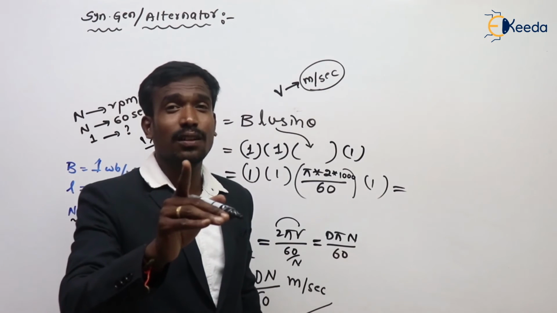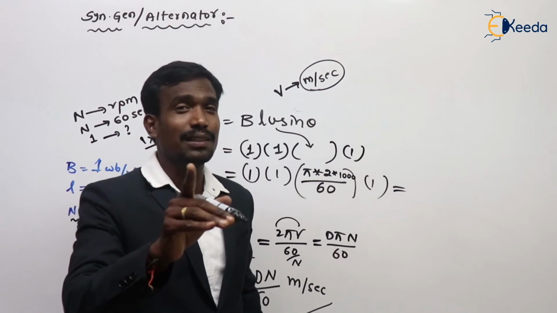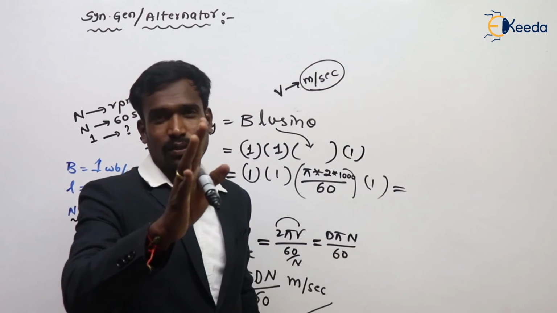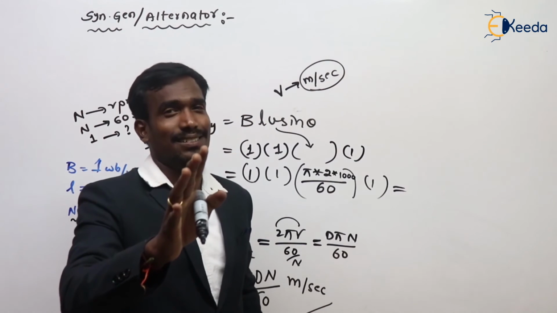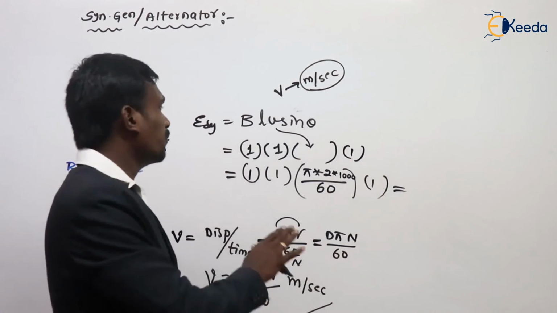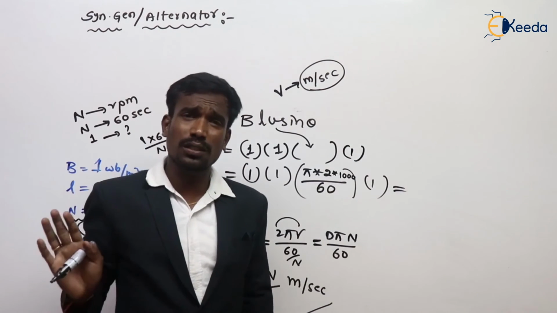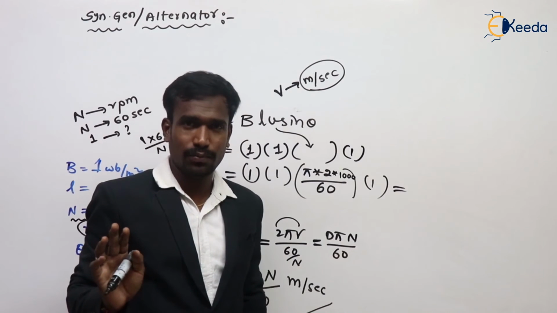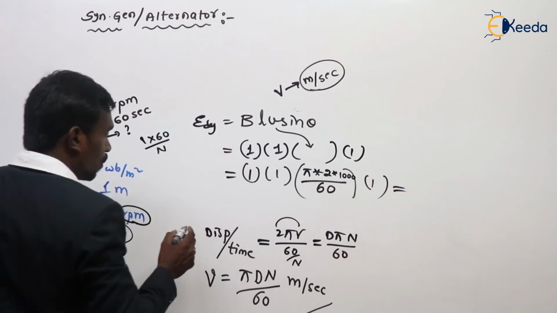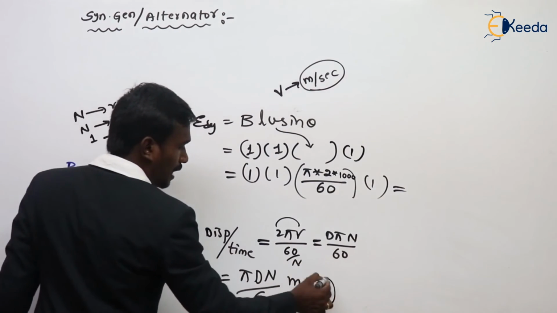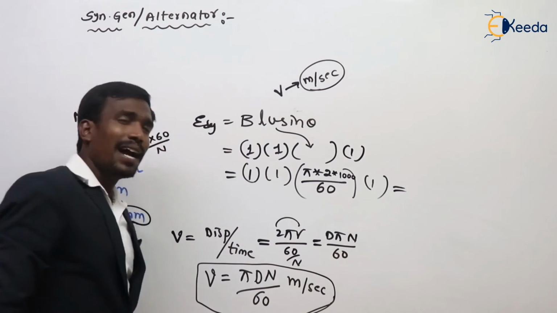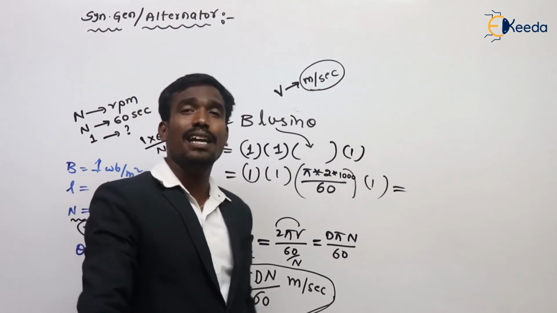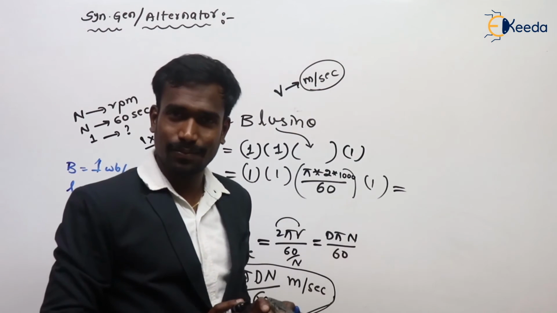Whatever answer you got may be there in your 4 options, but that may not be the correct answer. So be careful. This is a very important question. They may ask it in our exam. So you have to remember the formula: velocity V is equal to pi D N upon 60 meters per second.